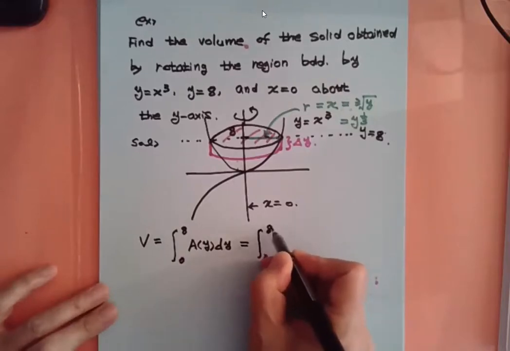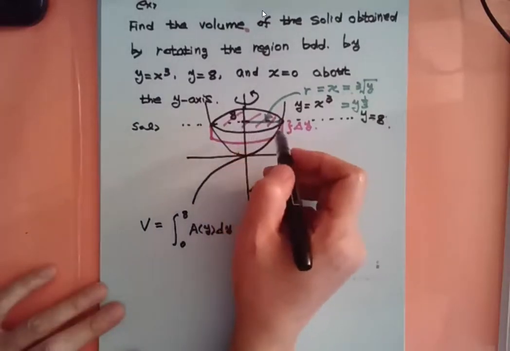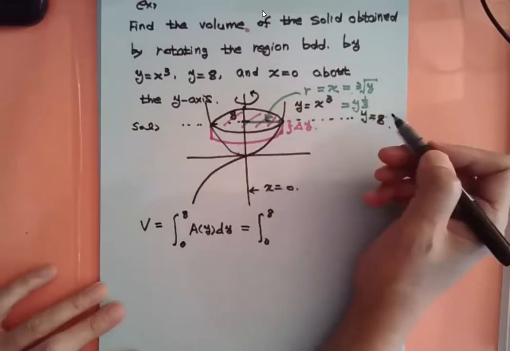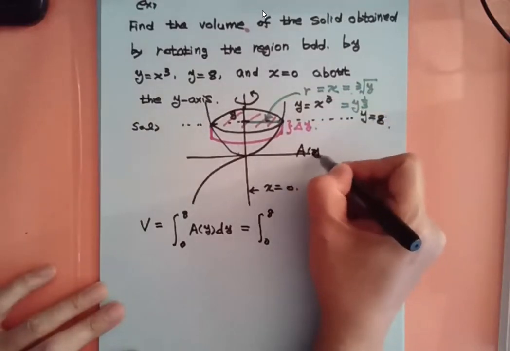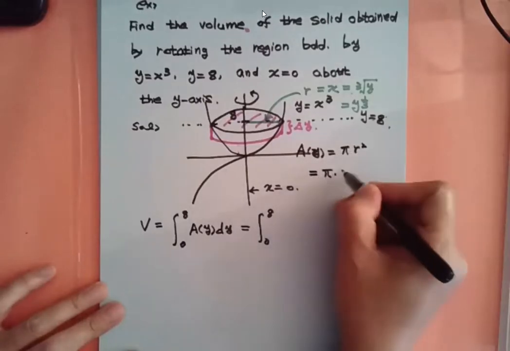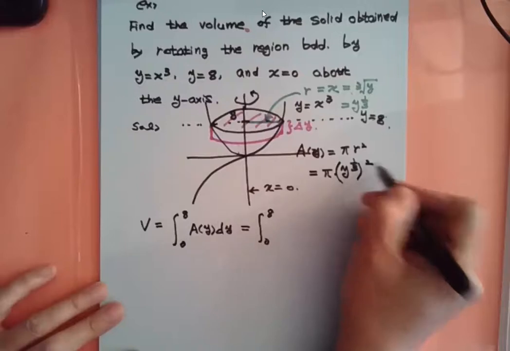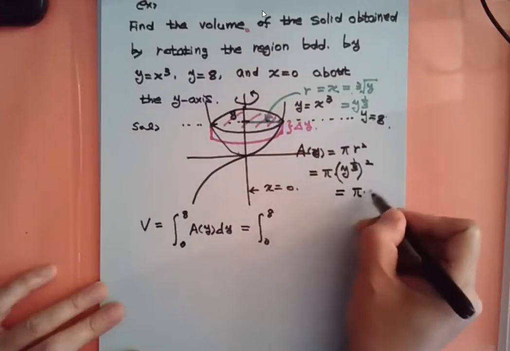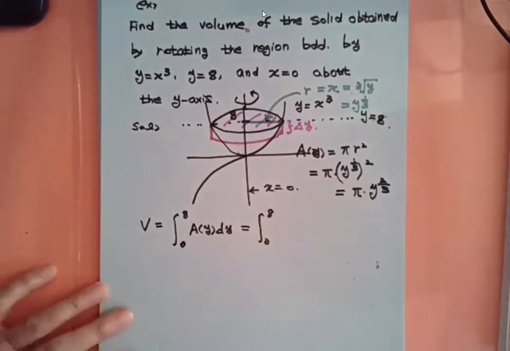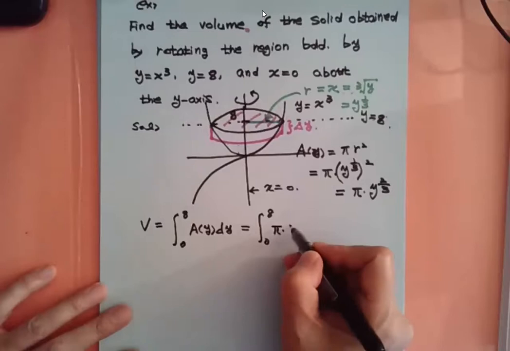Integration from 0 to 8. The area of this disk is pi r squared. So A of y is pi r squared. That is pi times y to the 1/3 power squared. So that becomes pi times y to the 2/3 power. Let's copy it here. Then pi times y to the 2/3 power dy.